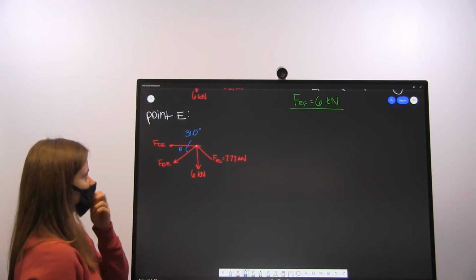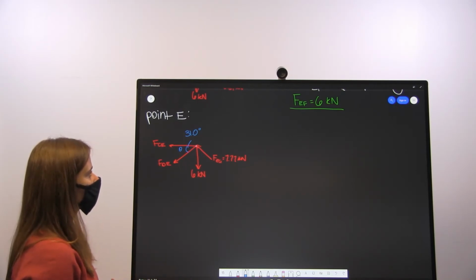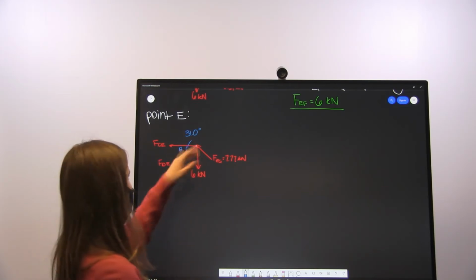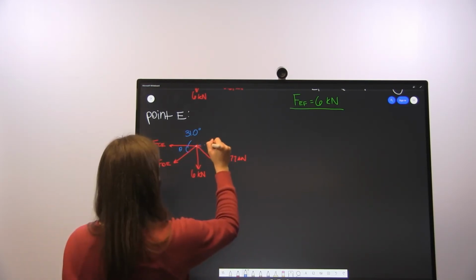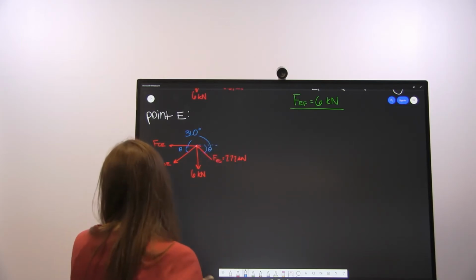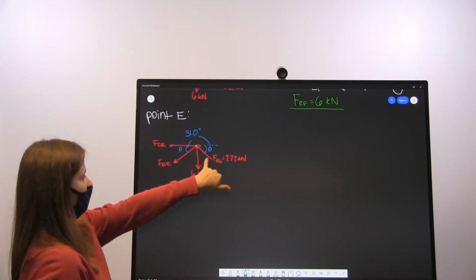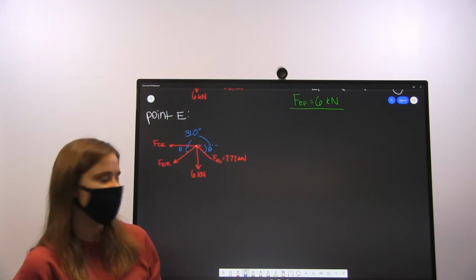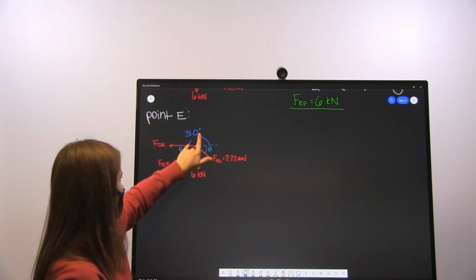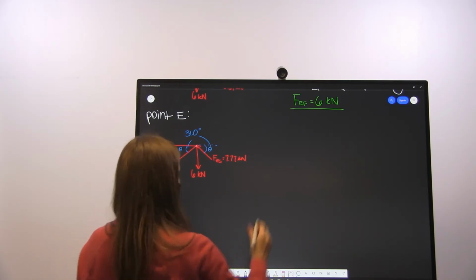This is the same triangle that we took the initial angle for, so it's also going to be 31.0 degrees. And same with this side over here. Same theta. So when we're taking into account the x and y components of these two forces, we're going to be using 31 degrees.